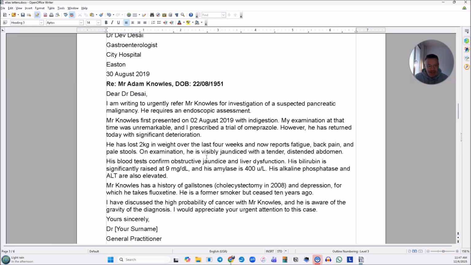Okay, that's better. High probability. He's aware of the gravity of the diagnosis. Very good phrase. Appreciate urgent attention to this case. Okay, so that's not bad. But again, OET says urgent, right? Today's visit, paragraph 2. So that would certainly cost you in terms of content.